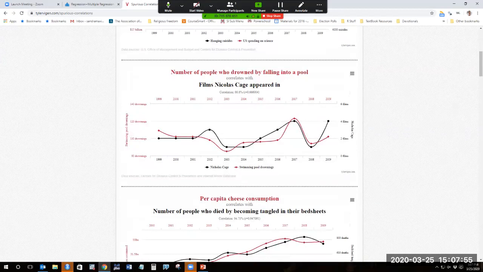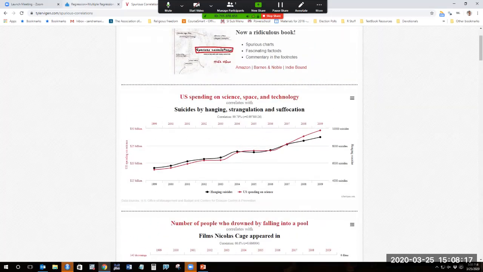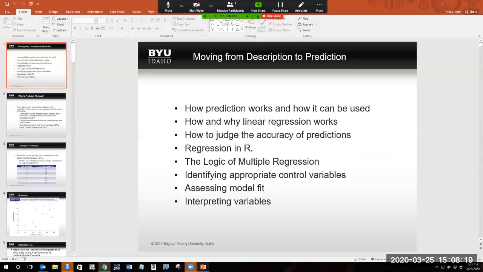The number of people who drowned by falling into a swimming pool, in 1999, was around 110, it looks like. And then here's the number of films Nicolas Cage appeared in. So in 2009, he was in 4 films, right? There seems to be a relationship. Okay, but with regression we don't just want to know, is there a relationship between two variables?